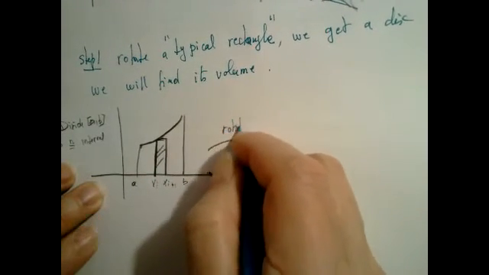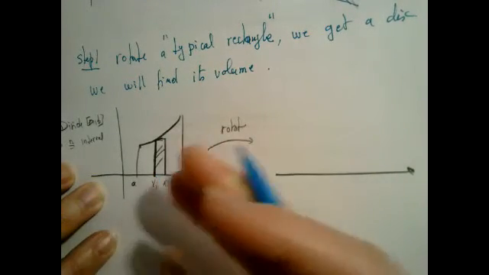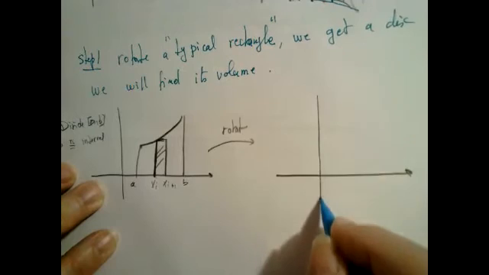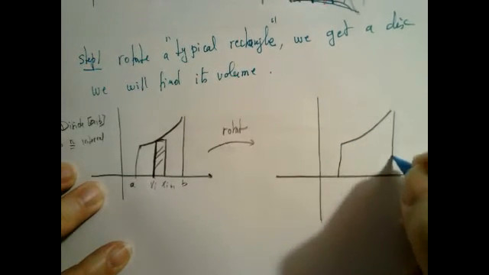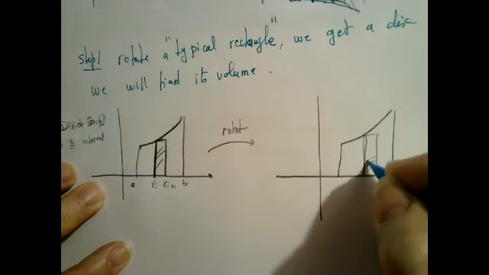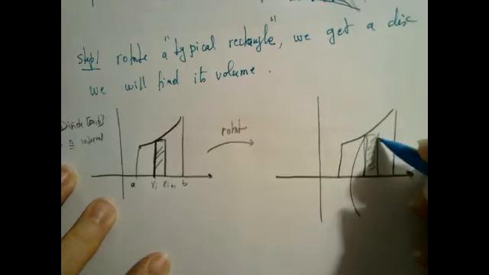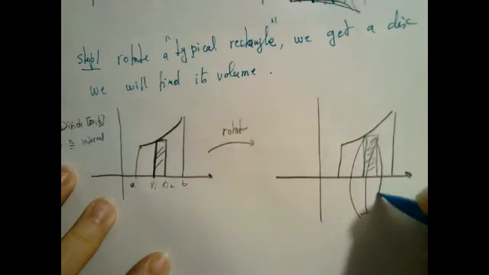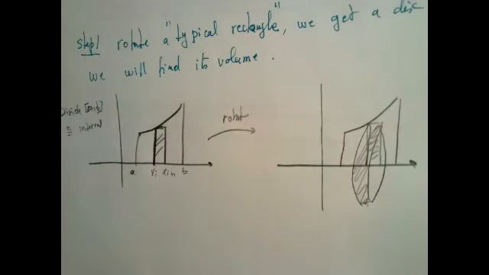The reason I'm drawing 2 pictures is that I use one to label and one to draw, because as you realize later on, drawing will become a little bit harder. So this is my piece. I'm going to rotate, and it gives me the disk. Okay, now questions.